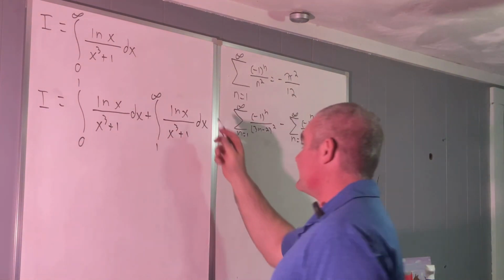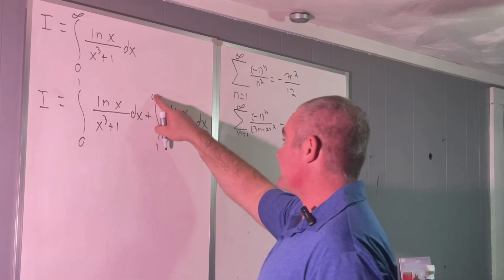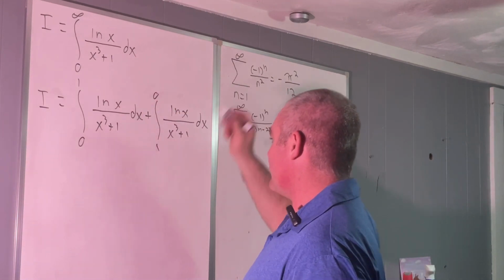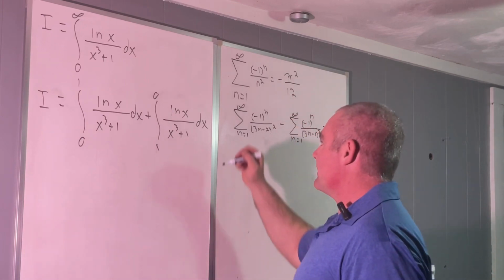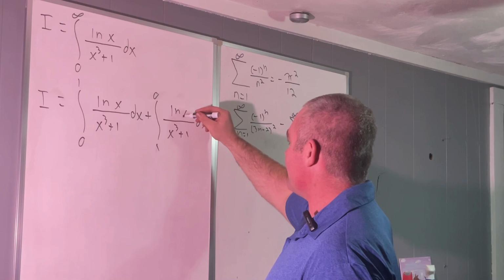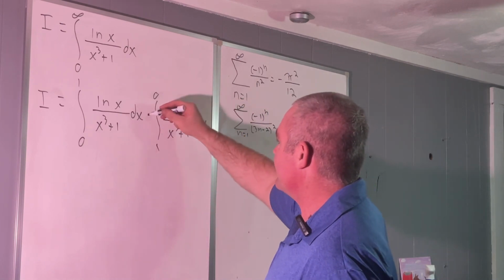All right, we're going to take x to 1 over x on this second one. So this will become a 0, this will become a 1. This will become a natural log 1 over x, which is just negative natural log x.